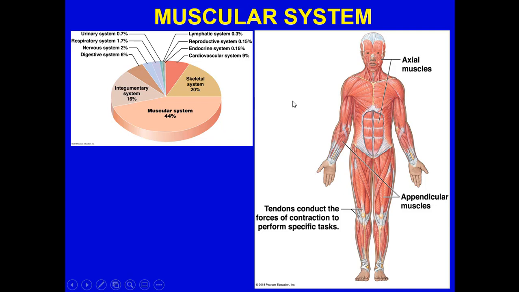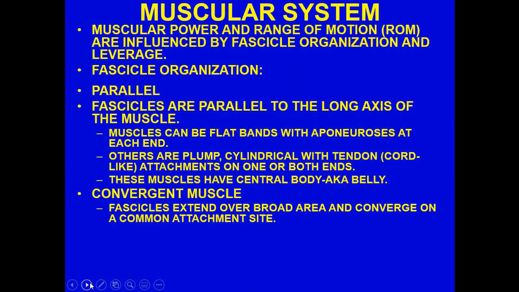Keep in mind a couple of other things. Besides the division here of axial muscles and appendicular muscles, you have to keep in mind the attachments via tendons and aponeuroses, because these are going to conduct the forces of contraction to perform specific tasks.